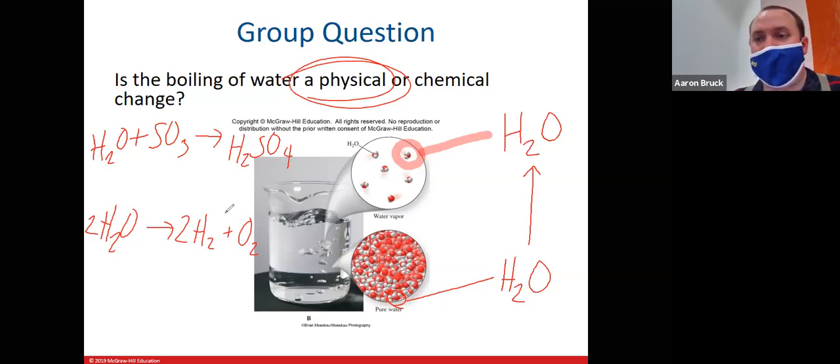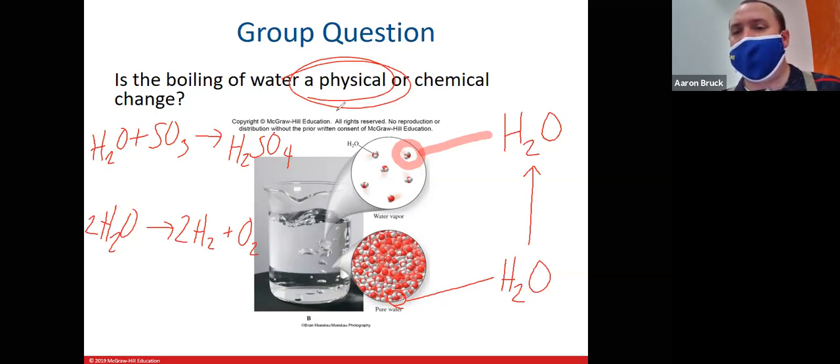And that involved, we had to introduce some electricity, but we shock it and the water splits into its elements. That's not the only kind of chemical reaction that can exist. There are many, many kinds. And when we get into some of the later chapters, we'll talk about what some of those kinds of reactions are.